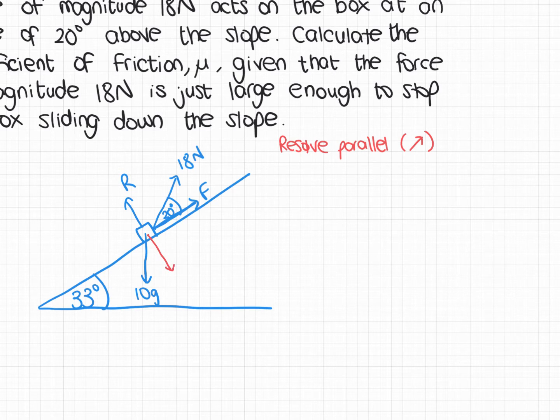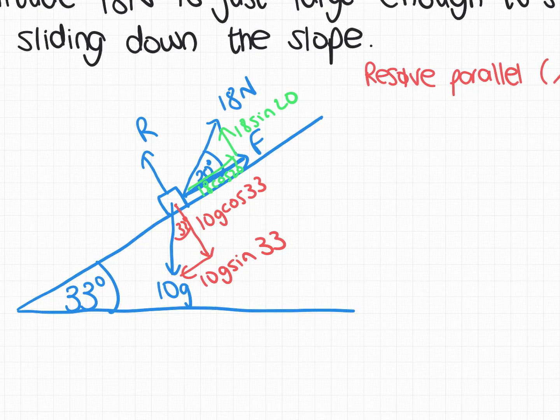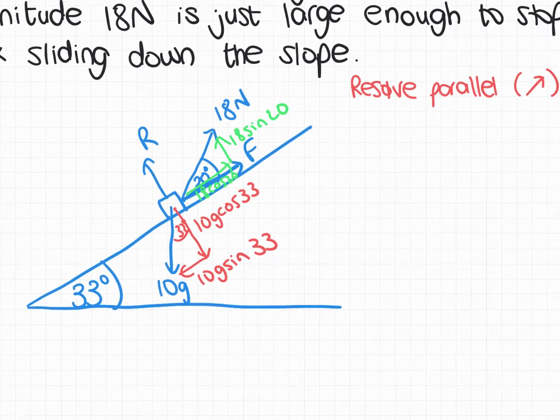That force, if that's 33 degrees, that's going to be 10g cos 33, and that's going to be 10g sine 33. And then this force, I'm going to have one here, one here. I'm going to have an 18 cos 20 and an 18 sine 20 in there. It's a little bit difficult to see, but that's all our forces.